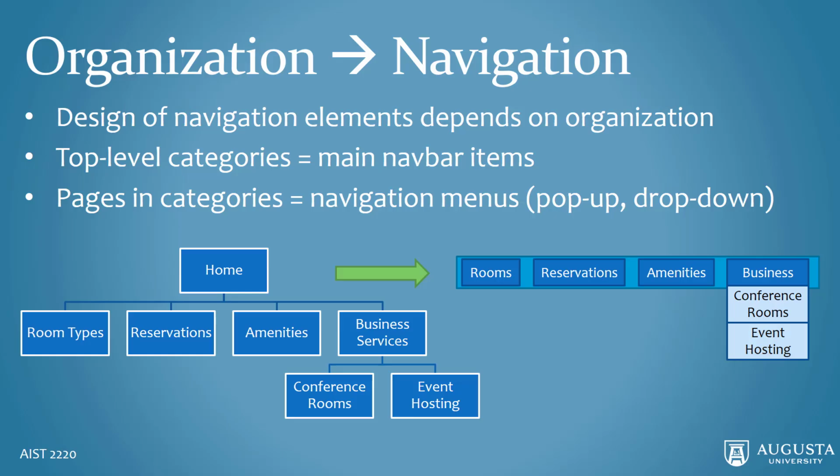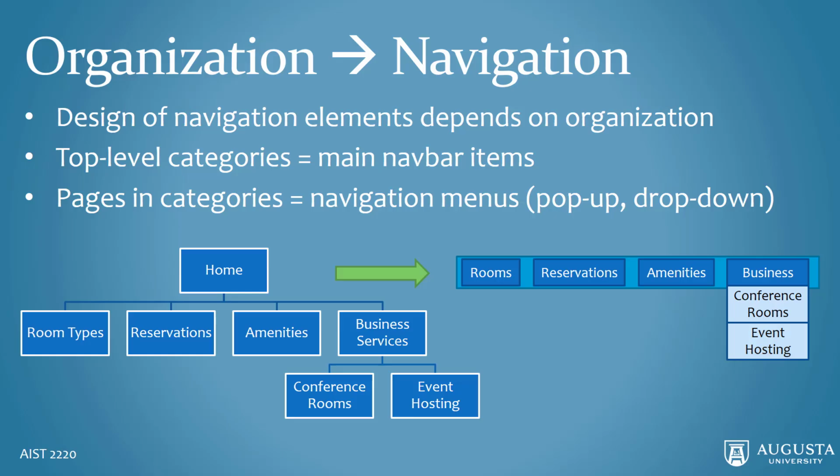The top-level categories from your site organization, like rooms, reservation, amenities, and business services, become the main items. As you see here, we turn the main categories into the main menu options. These are actually the links that users see and click on at the top of the website.